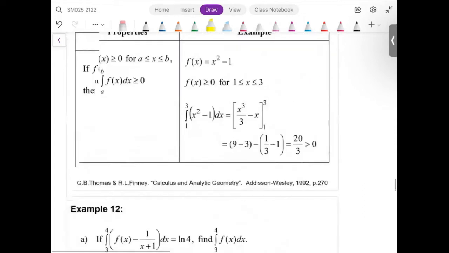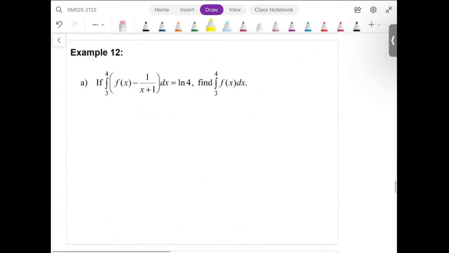Okay, so straight away kita terus pergi the first example for definite integral. If we have the integral from 3 up to 4 of f(x) minus 1 over x plus 1 dx equal to ln x, find the integral from 3 up to 4 of f(x) dx.